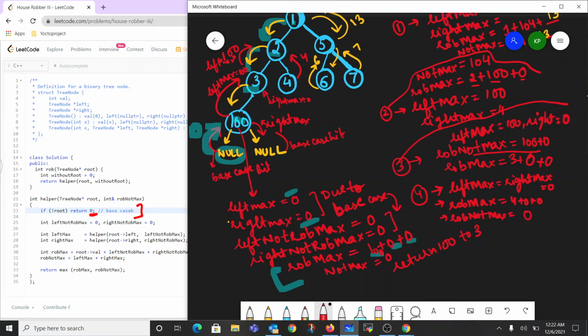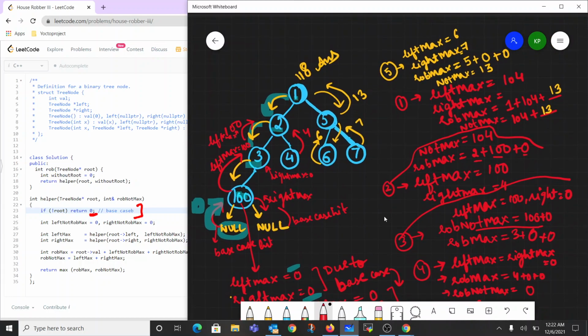So that's why we have this answer, and then not max has the answer as 104. How did it come? 100 and then 4. So it's 104. Like this the whole tree would be covered with the values, and at the end we would get 118 as our answer.